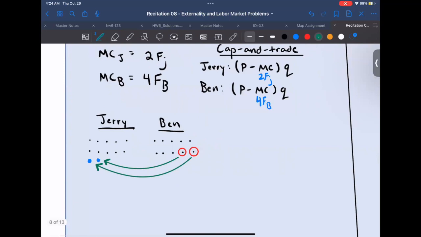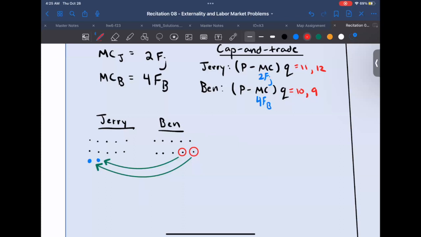And in this process we just compare, for example, in the first one Q is going to be 10, and then Q is going to be 11, Q is going to be 9, Q is going to be 12. We keep comparing this, and whoever has the higher profit for each quantity should be the person that gets that permit.